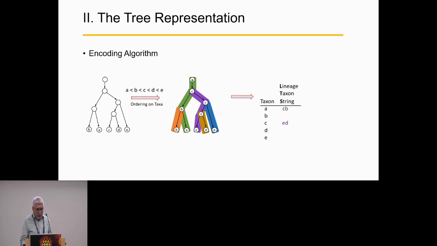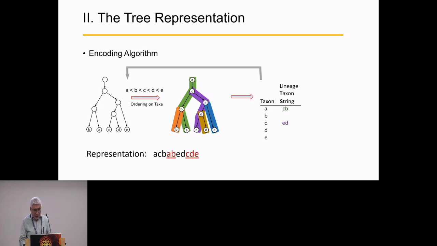Conversely, we can combine all the paths to obtain the original tree, because the label information tells us how to glue the paths together. Then we just put all these strings together to form the vector.